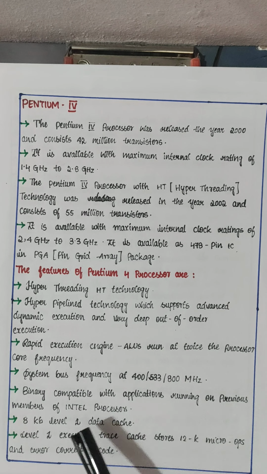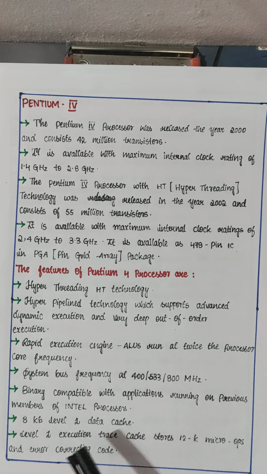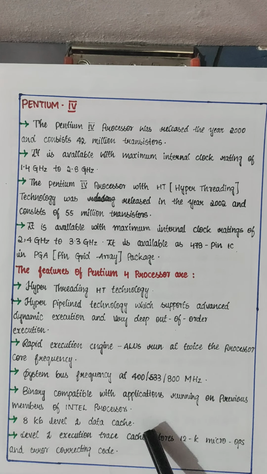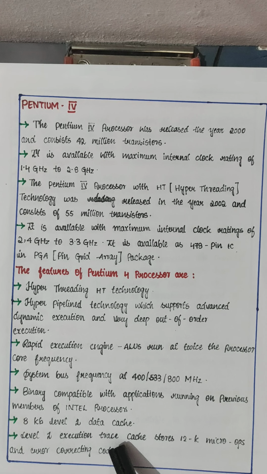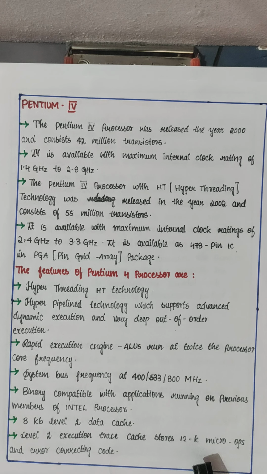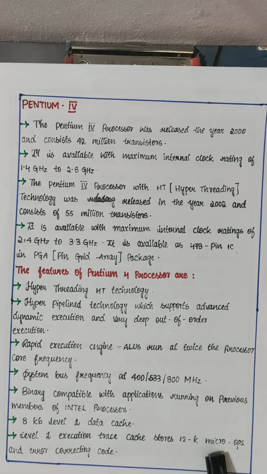Applications running on previous members of Intel processors are supported. One more important point is the 8 KB level 1 data cache, and here the level 1 execution trace cache stores 12K, or 12,000, micro operations.